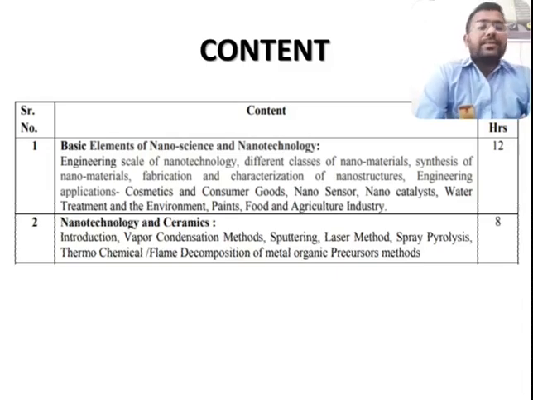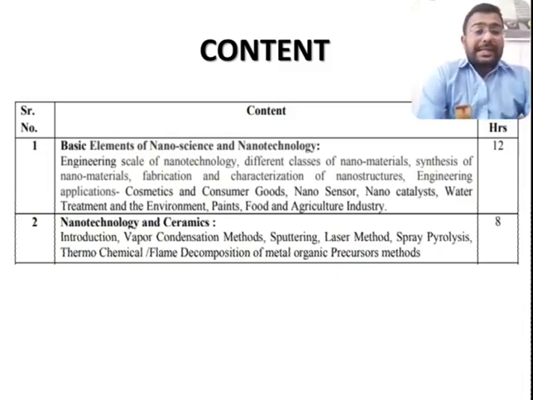The subtopics of this unit are engineering scale of nanotechnology, different classes of nanomaterials, synthesis of nanomaterials, fabrication and characteristics of nanostructures, engineering applications, water treatment and the environment, paints, food and agriculture industry.